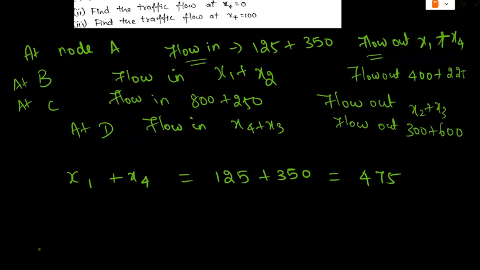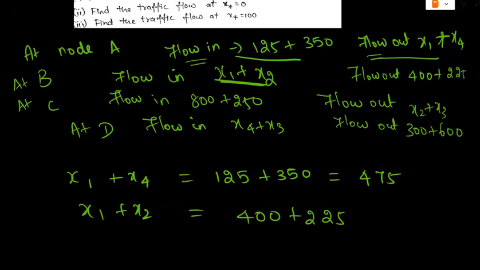So this is your first equation, flow in is equal to flow out. We'll write all the x values on the left hand side and the numbers on the right hand side. So at B it is x1 plus x2, and this value is 400 plus 225. If you simplify, it is 625. We got the second equation.